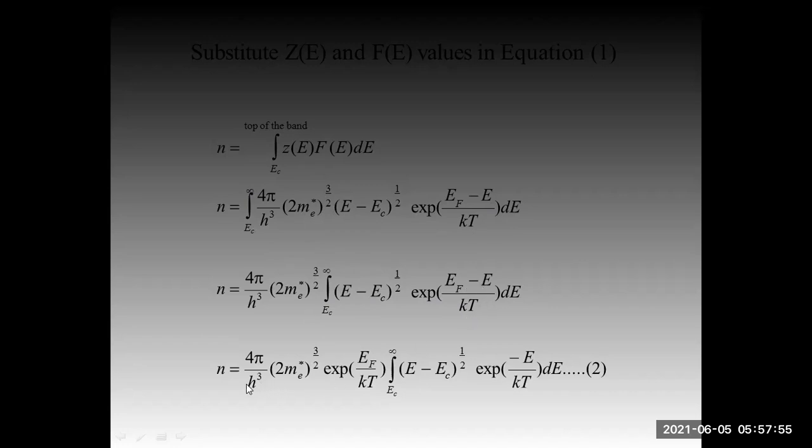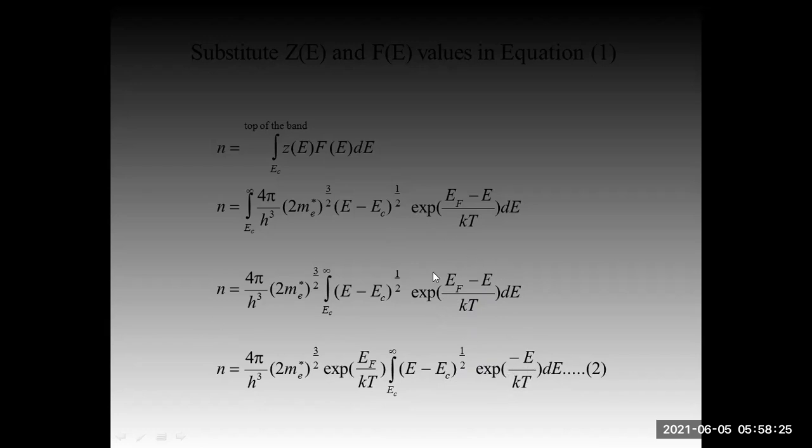Again, I am taking out this exponential of EF minus E by KT outside this integration. What will be remaining inside the integration is EC to infinity, lower and higher limits, E minus EC whole to the power of 1 by 2, exponential of EF minus E. You need to understand this: e to the power of EF minus E by KT can also be written as exponential of EF by KT separately into exponential of minus E by KT.